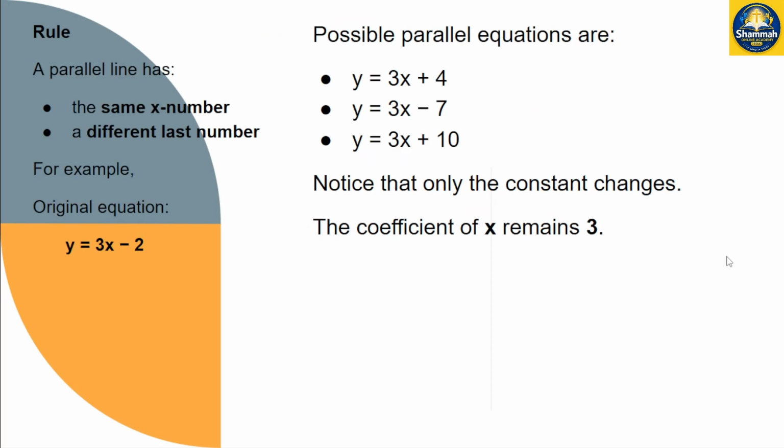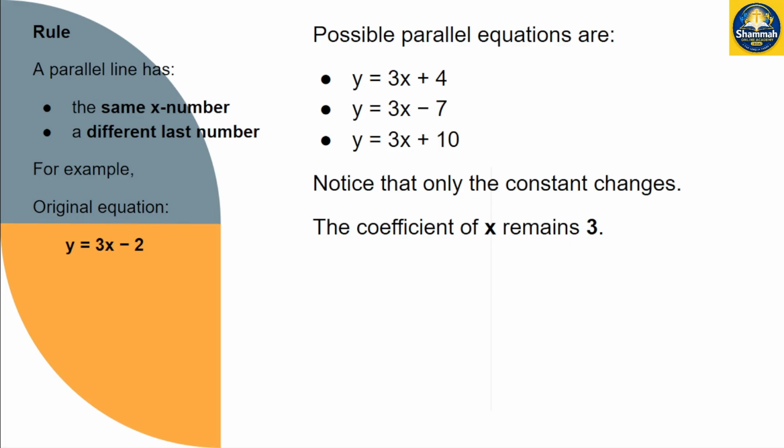Now, how do we get possible parallel equations to certain equations? The rule is simply to know that the parallel line will have the same x number as the original equation. The only difference is the last number.